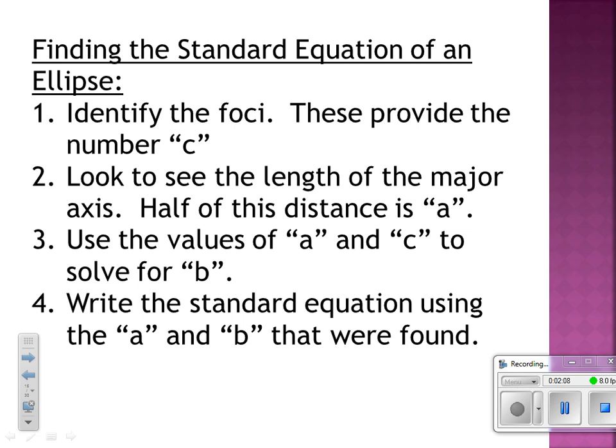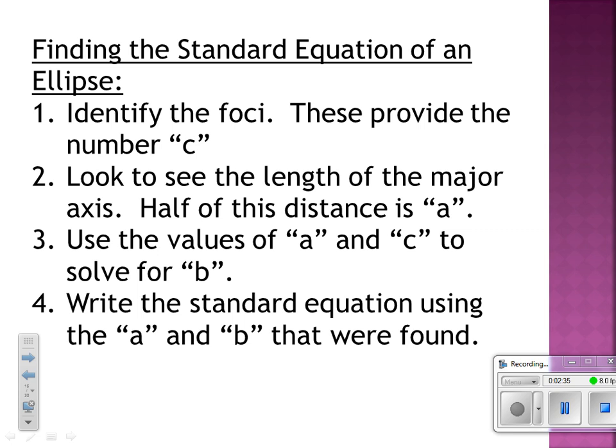Now, if you need to find the standard equation of an ellipse, okay, first identify the foci. These are going to give you that number c. Look to see the length of the major axis. Okay, so if you're provided with a picture, you should be able to see this, or maybe the problem is just going to give you the length of the major axis. Half of that is going to be a. Okay, use the values of the two that you know to solve for b.